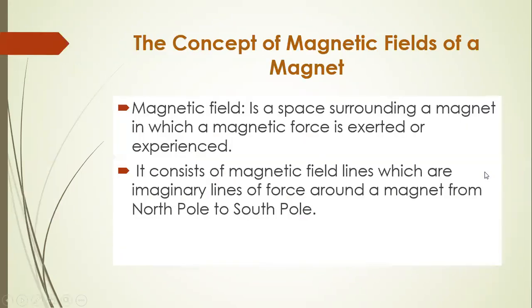We'll start with the concept of magnetic fields of a magnet. What is a magnetic field? A magnetic field is a space surrounding a magnet in which a magnetic force is exerted or experienced. So it's a space or surrounding where a magnet is placed, showing these magnetic forces.